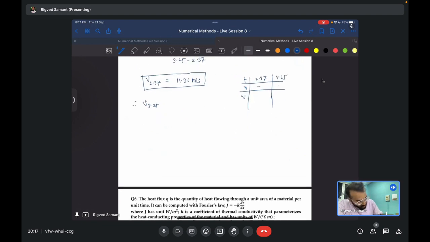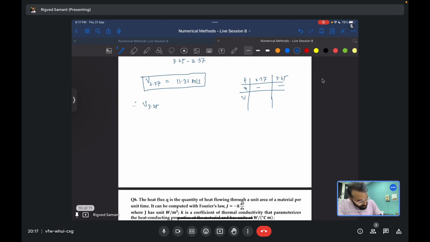You have some value of x. Using this you calculated this, and now you will calculate this. Using these two, you will get the value of acceleration at 2.37 using forward difference.